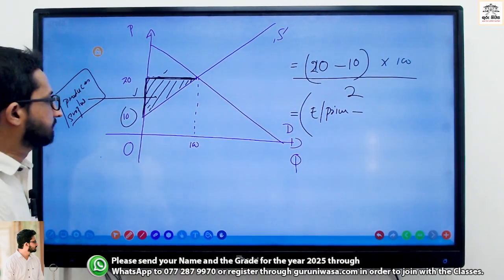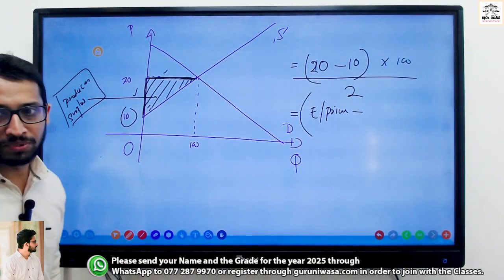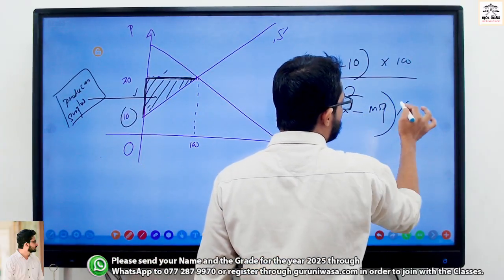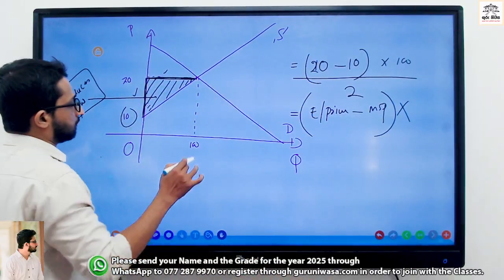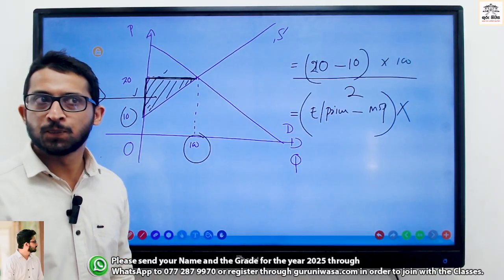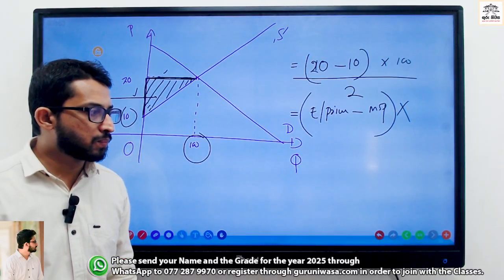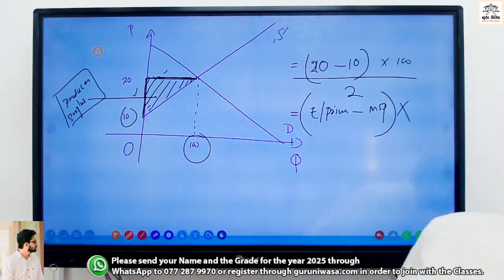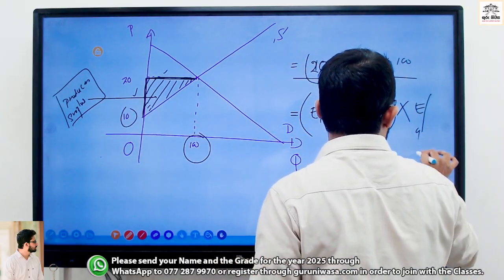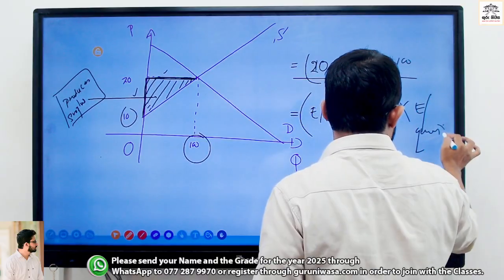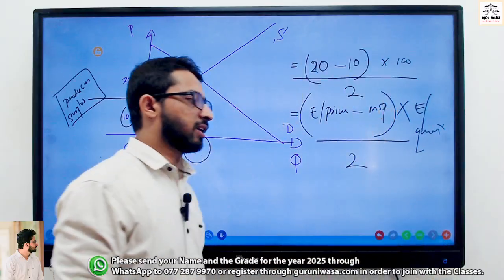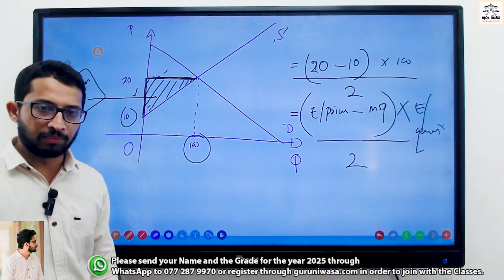Minimum supply price, into equilibrium quantity, divided by 2. This is the equation for calculating producer surplus.